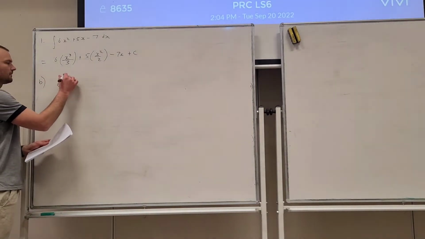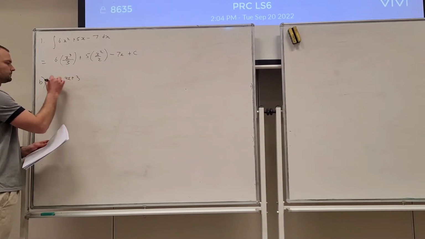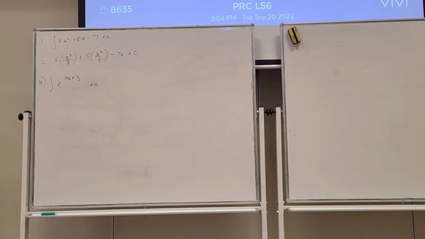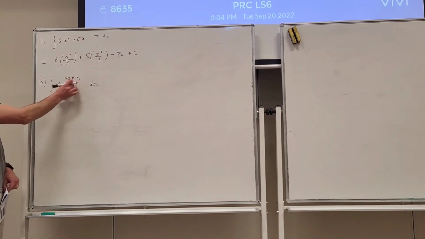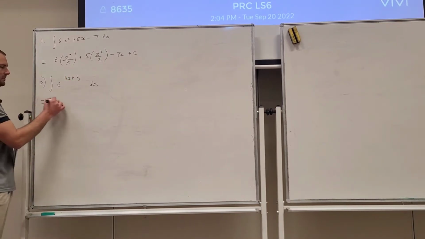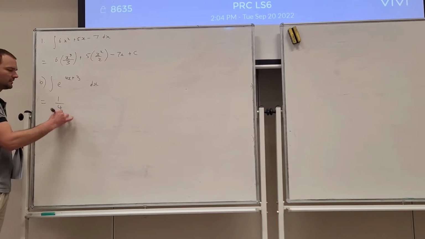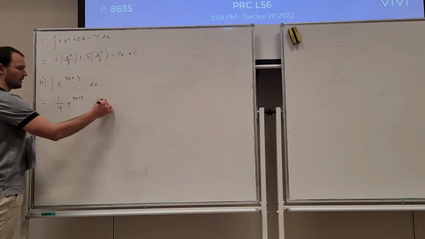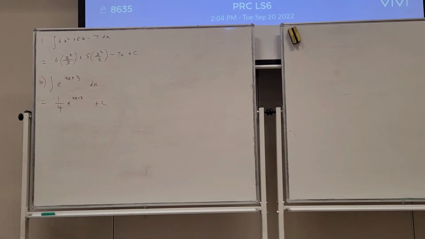We have e to the 4x plus 3 with regards to x. When we're integrating e to the ax plus b, it's going to be 1 on top of a, e to the ax plus b, and then plus c.